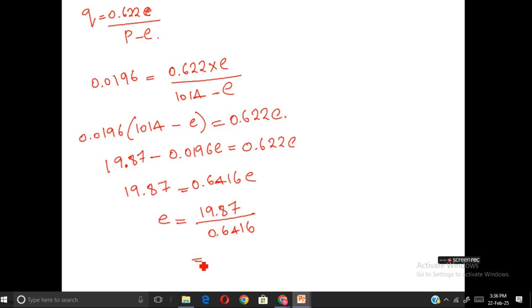What will be the value of E? 19.87 divided by 0.6416 will give you a value of 30.96 hectopascal. This is the value of vapor pressure.